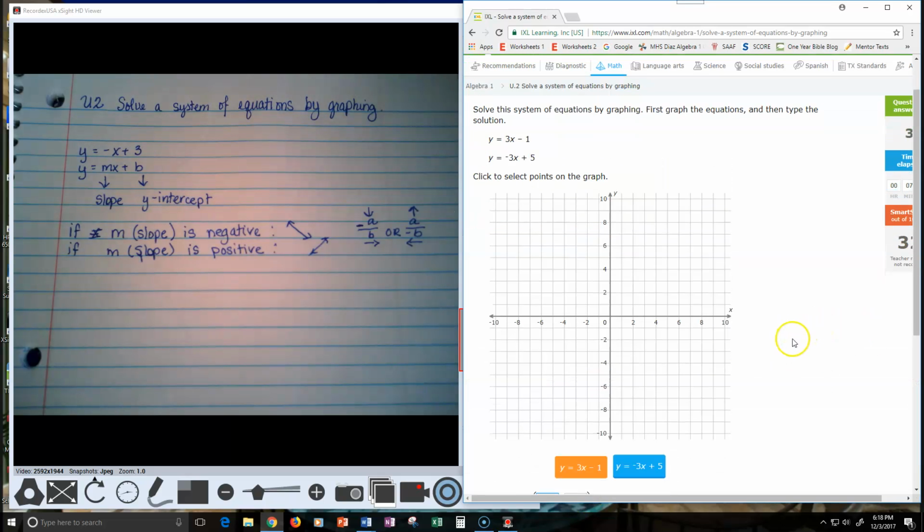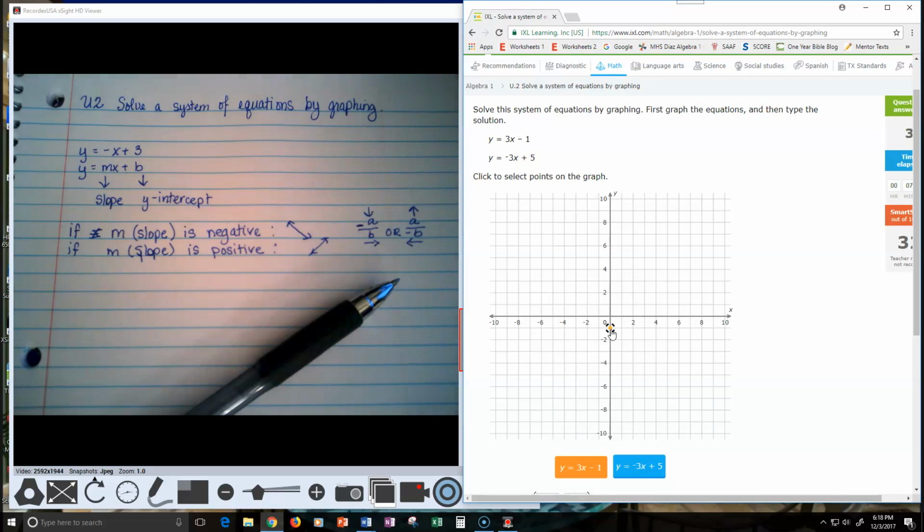Now this one, we have y is equal to 3x minus 1, and y is equal to negative 3x plus 5. So we go to our y-intercept, which is negative 1, and this time since it's positive, we know our line will go up from left to right. So let's go up 1, 2, 3, and to the right 1.